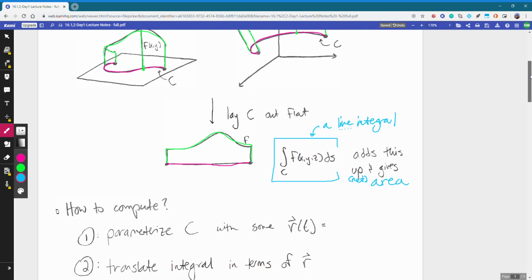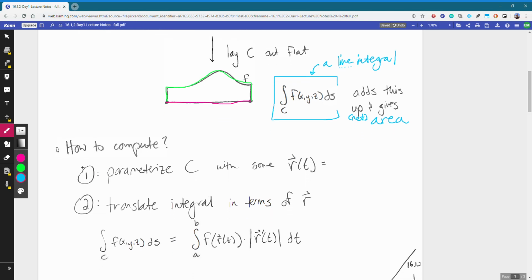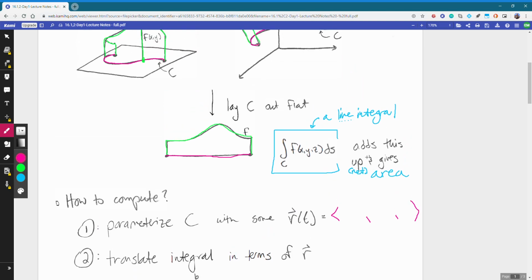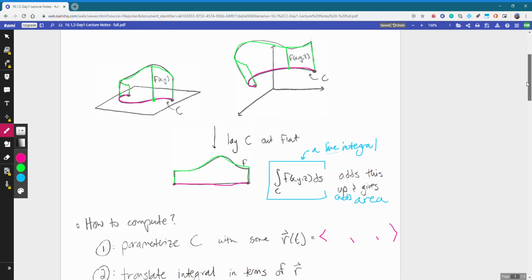There are 2 steps. Step 1 is we need to parameterize our curve with some vector function. Let's just imagine that we're in the 3-dimensional case where our curve is in 3 space, and so each of the points on our curve has 3 coordinates.